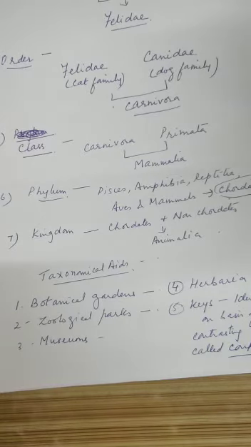Then the next is in the form of the museum. Okay, a small kind of a museum is in the lab also. You all have visited the lab where we find different varieties of plants and animals. They are protected and preserved under different conditions.